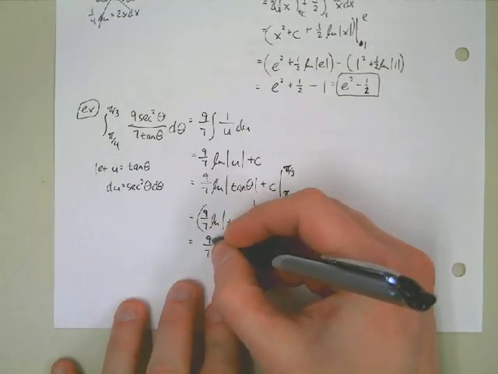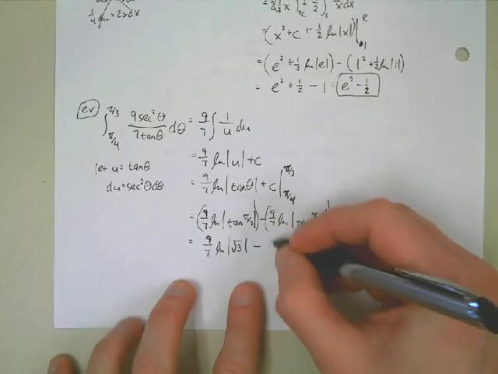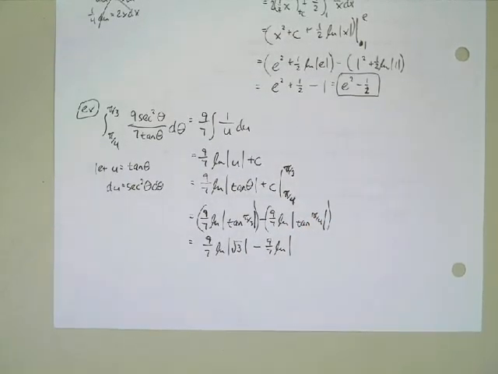So absolute value of square root of 3 minus 9/7 times the natural log of the absolute value of tangent of pi over 4, which is 1. What's the natural log of 1? 0. So that whole lower limit disappears.